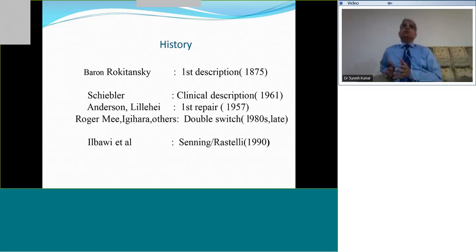But the surgical approach to this condition took a very significant upward swing when Ilbawi in Japan, Roger Mee, and others performed the first double switch. There are a number of people who are responsible for this in different places. And the idea that a Senning-Rastelli could also be done where appropriate, and that would also constitute a double switch, came from Ilbawi in 1990.